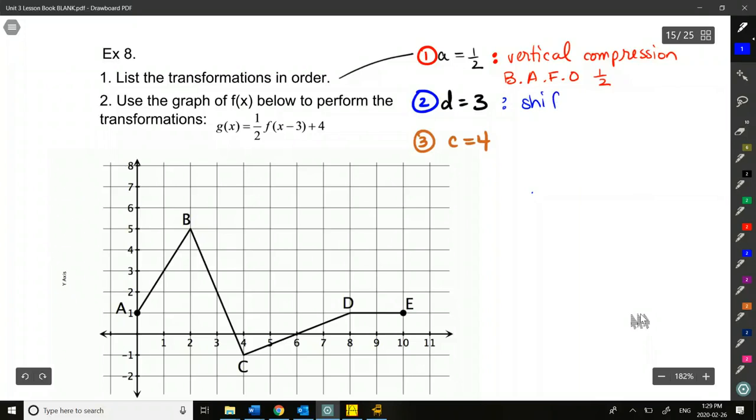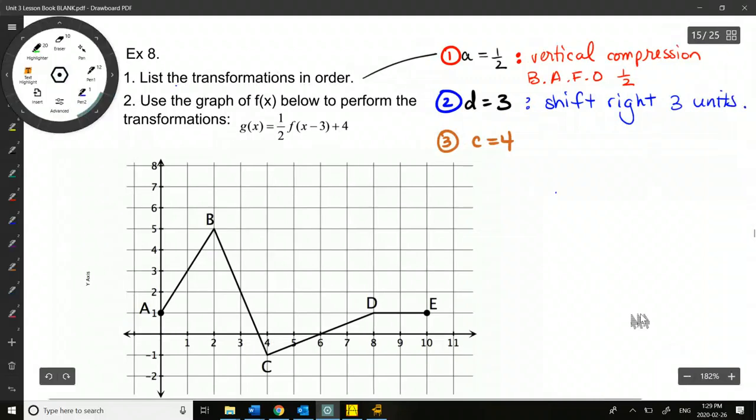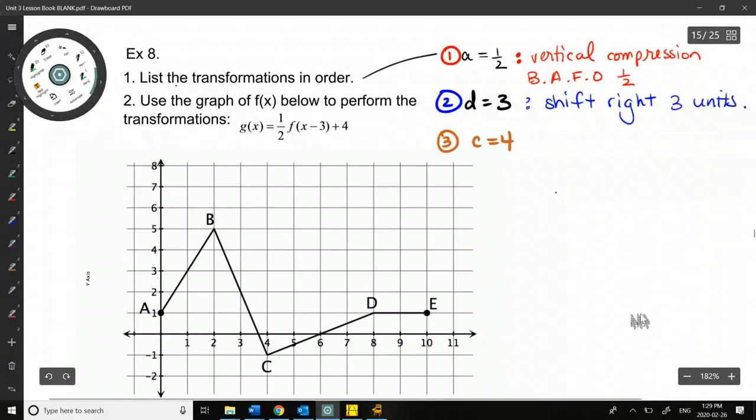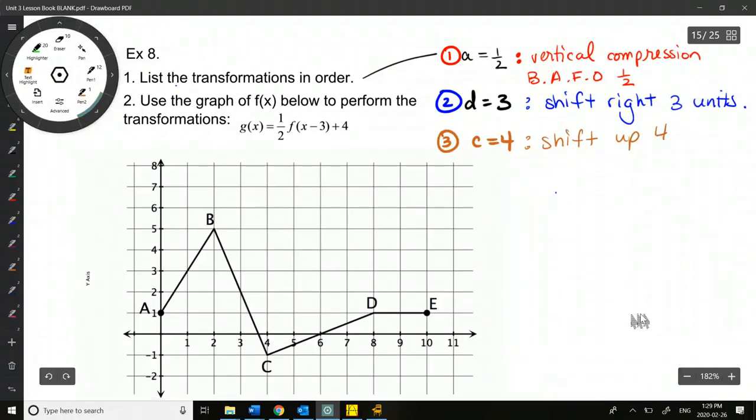Yes, shift right 3 units, beautiful. And then C value of 4. Where's my spinny wheel? Where did it go? There it is. Oh, orange. C value of 4. Lauren. It shifts up 4 units. Perfect. Shift up 4 units.